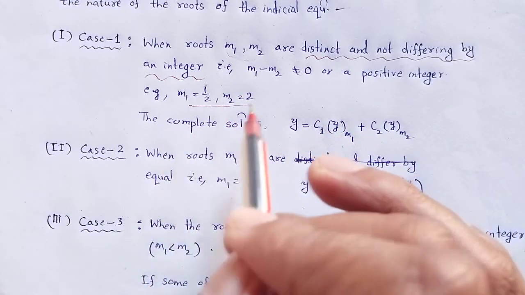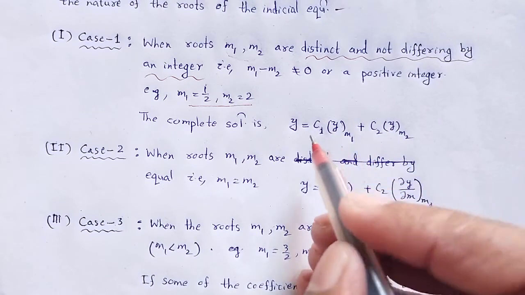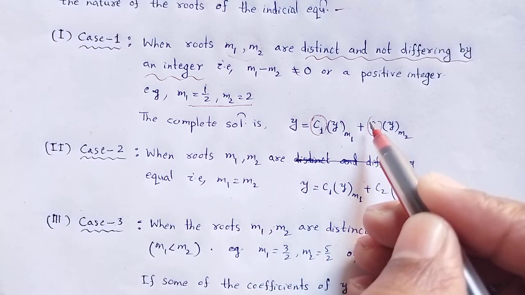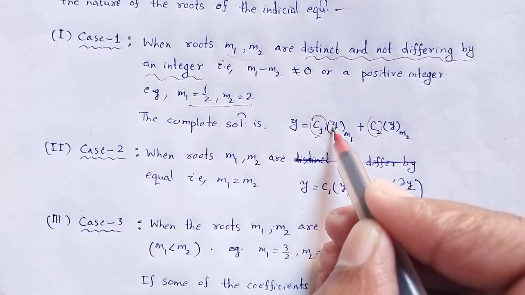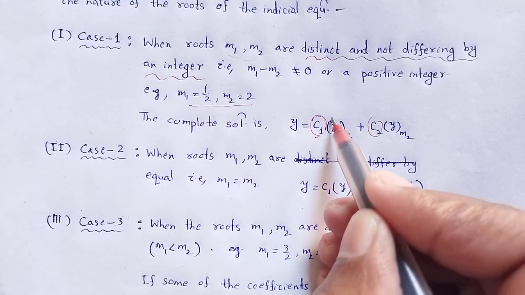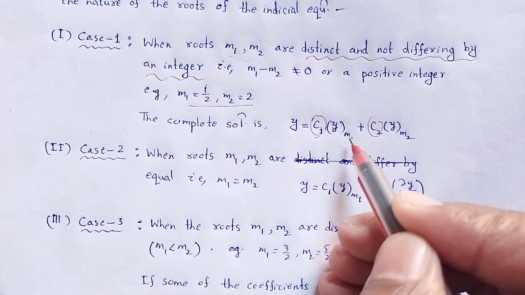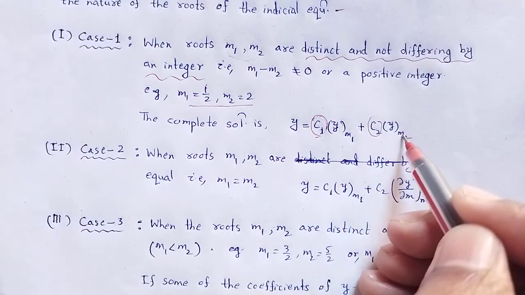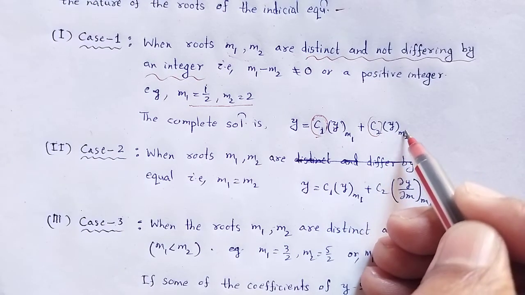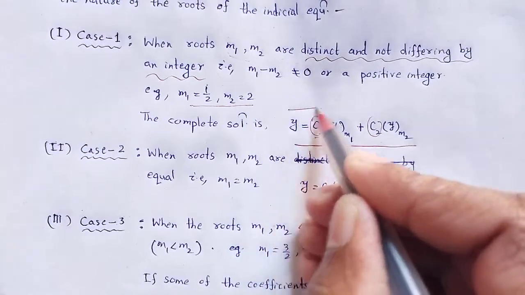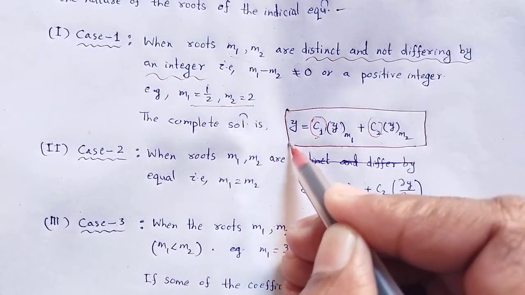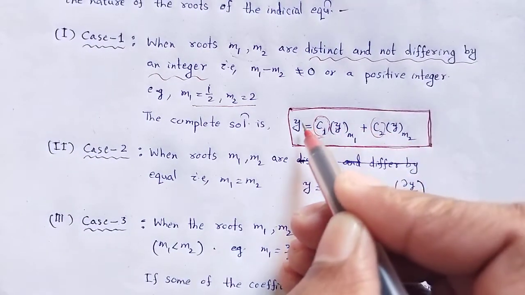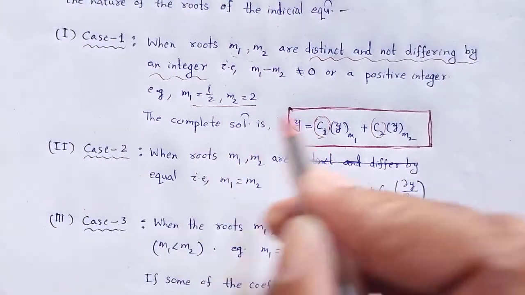In this case, the complete solution is given as y is equal to c1 y at m1 plus c2 y at m2, where c1 and c2 are arbitrary constants, y at m1 is the solution of the differential equation at the root m1, and y at m2 is the solution at m2. This is the complete solution of the power series method, or Frobenius method, when these two roots are distinct and not differing by an integer.